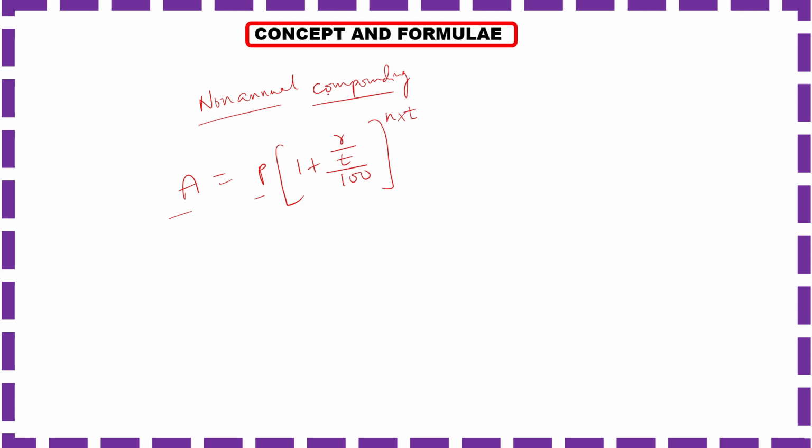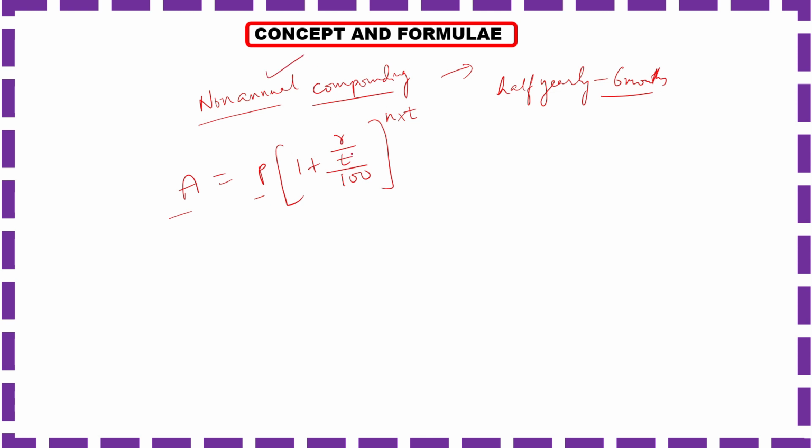See, non-annual compounding means, let us say the compound interest is for 2 years, that is annual compounding. Whereas if we say the compound interest is half yearly, that means for every 6 months, then this is non-annual compounding.